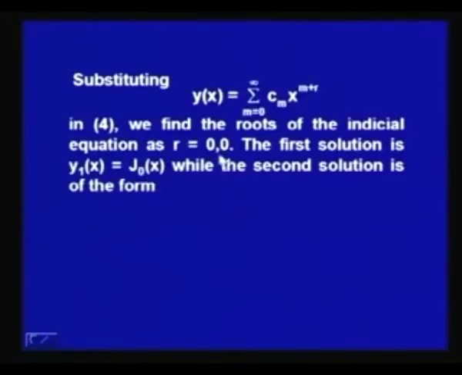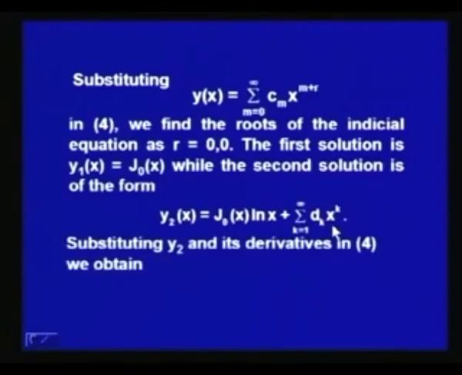We had seen earlier that corresponding to the indicial equation having roots nu and minus nu, one linearly independent solution of the Bessel's equation was J nu(x). So, if you put nu equal to 0, you get one solution of the Bessel's equation of order 0 as y1(x) equal to J0(x), while the second solution, as we know from the previous lecture on series solution, can be expressed as y2(x) equal to J0(x) ln x plus sigma k equal to 1 to infinity dk x to the power k.